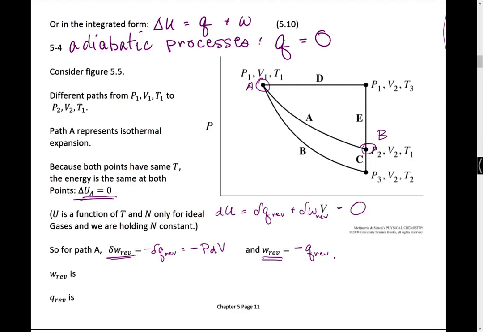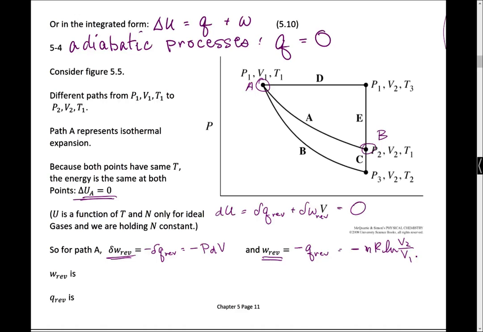And that means that we need to integrate this, and previously we've integrated that and found that that's equal to minus nR ln V2 over V1. Okay? All right, so all we did was substitute in nRT over V integrated between V1 and V2, and that gave us the result. Okay?